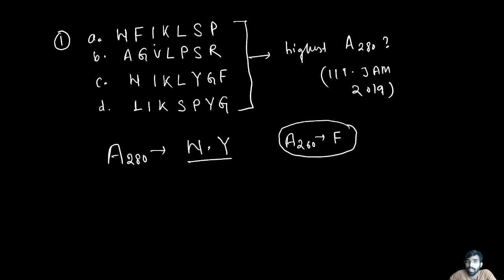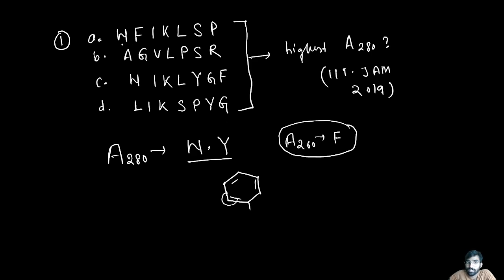Now we have to see, for each of the following peptides, how many tyrosine and tryptophan residues are there, and you can also count phenylalanine here as well. So, aromatic amino acids. Because in aromatic amino acids there will be some electron delocalization, right? The resonance will happen, and it will show some absorbance.